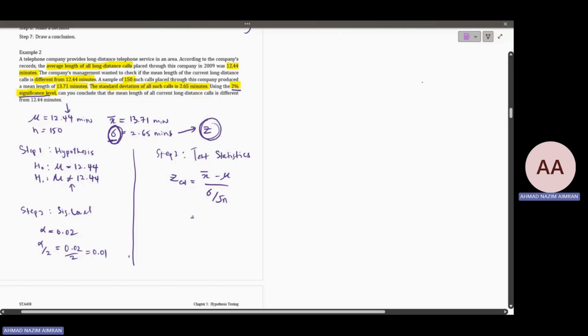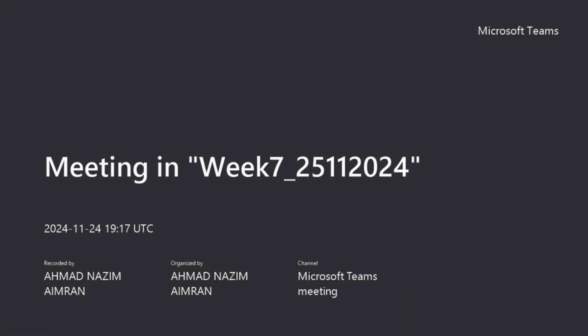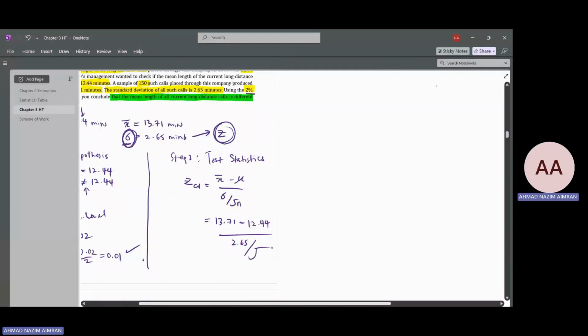What is our X bar? X bar is 13.71 minus 12.44 over the standard deviation of the population, that is 2.65 over square root of 150.